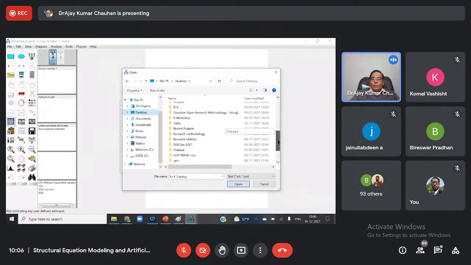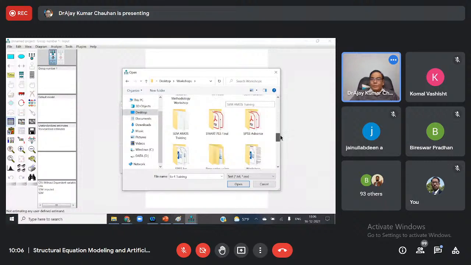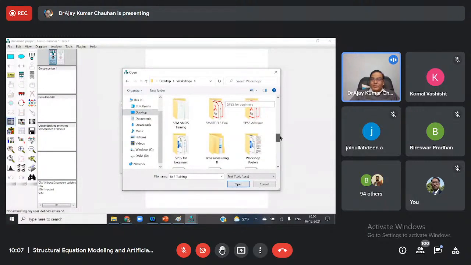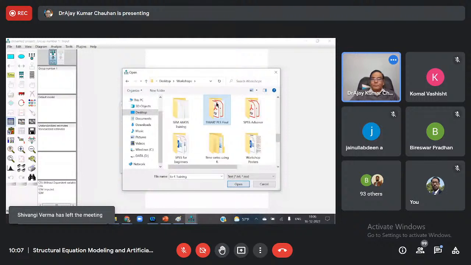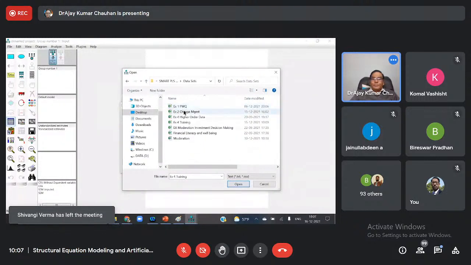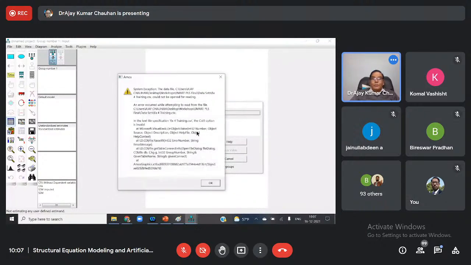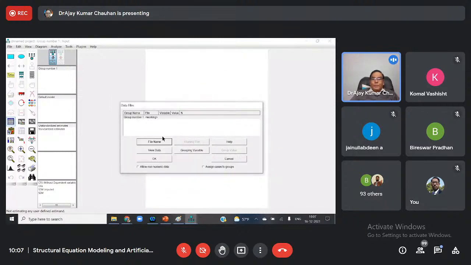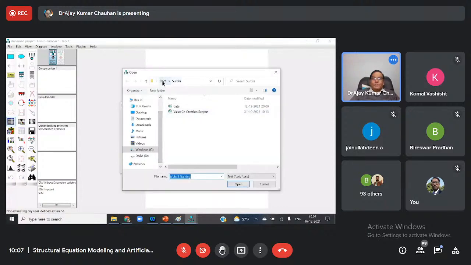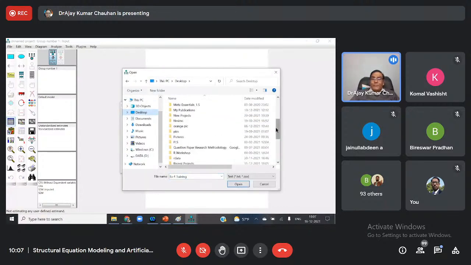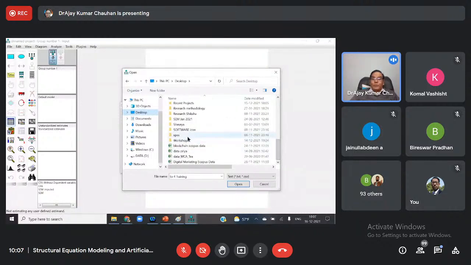Let me check one more time, because CSV format is almost supported by all software, but otherwise I will take the SPSS format of the dataset. Training, open, could not be opened for reading. Okay, so let me go for the other dataset. I have the same dataset in SPSS format, so I'm taking that.